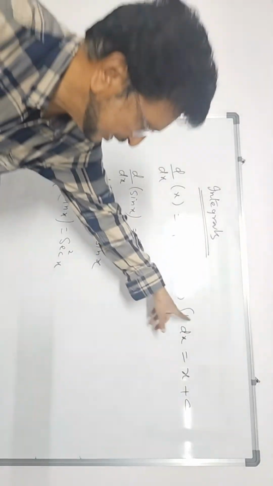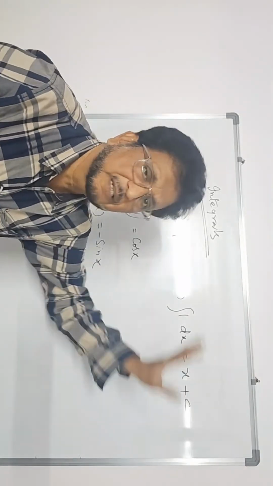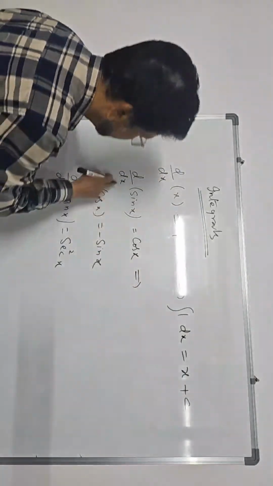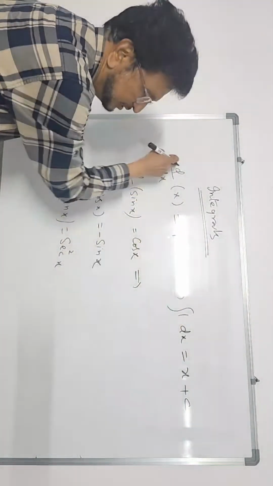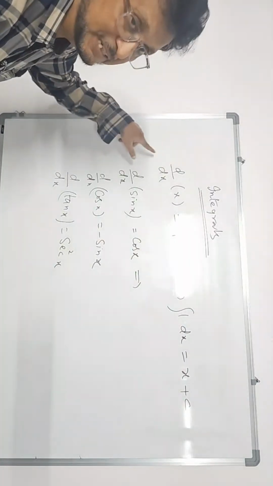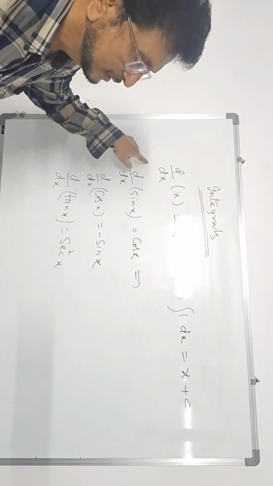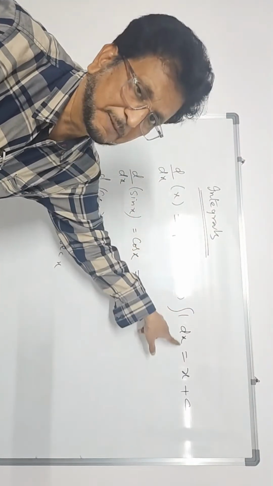Same way, if you integrate 1, you will get the answer x plus some number k. Here dx comes in the integration. In the differentiation, we write d by dx, means differentiation of x with respect to x. Here 1 dx means integration of 1 with respect to x.